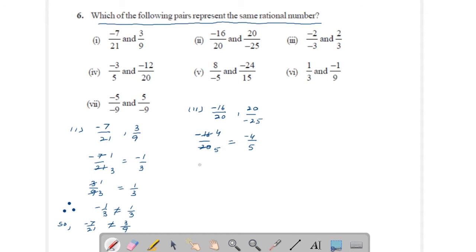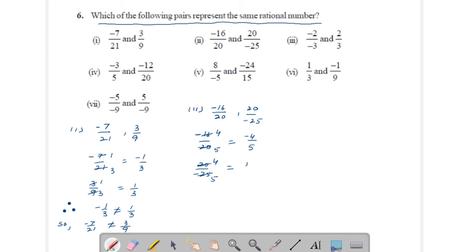Take the second rational number. It is 20 upon minus 25. Here simplify it. Cancel it by 5. 5 fours are 20, 5 fives are 25.